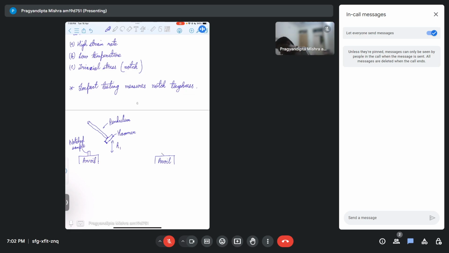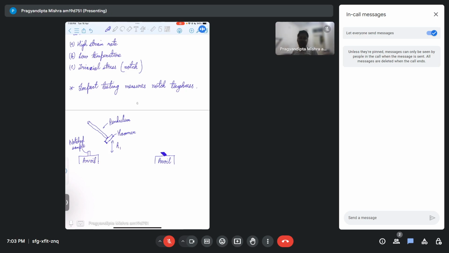Essentially, we are converting the potential energy of the pendulum into impact energy. Some amount of the potential energy gets converted into impact energy, and the remainder reaches the new height h2. So this is mg times h1 minus h2, right?